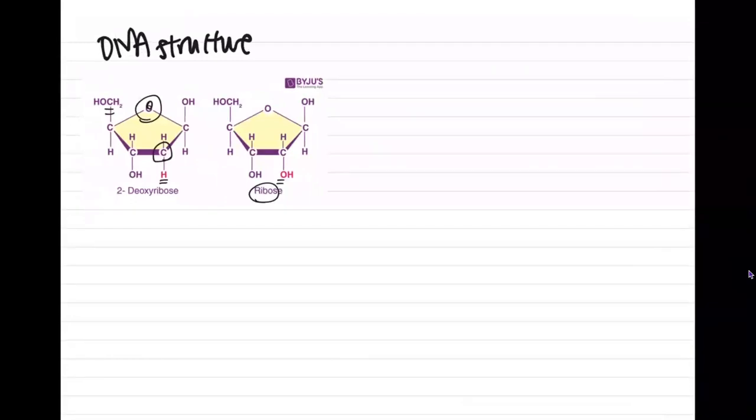So we know that we usually draw a nucleotide like this. We start with a sugar, and then we say that it is attached to a nitrogenous base, right? And nitrogenous bases can be adenine, thymine, guanine, and cytosine, right?